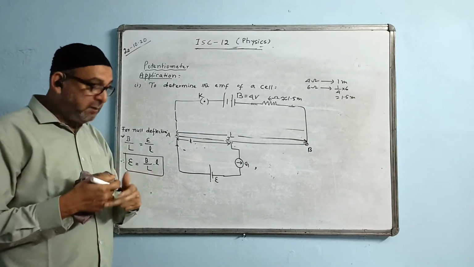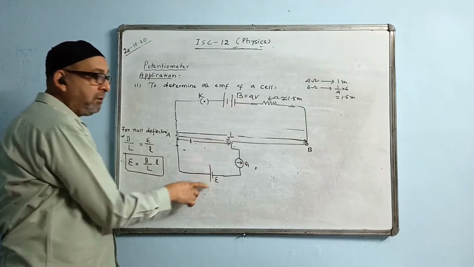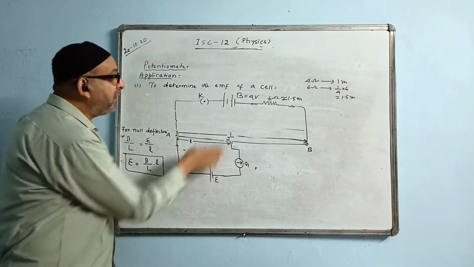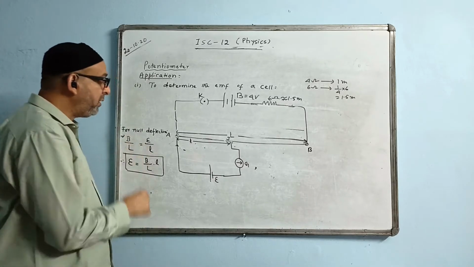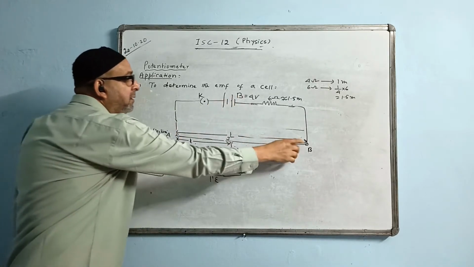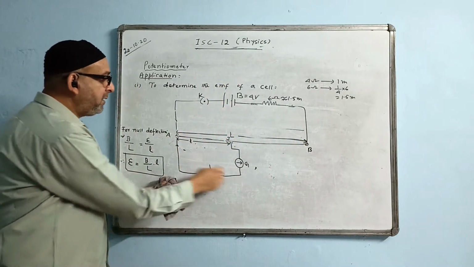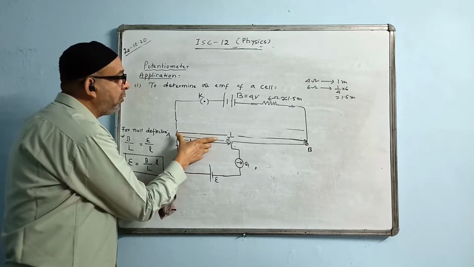In every circuit, make sure that this value B is more than this one. You should not use a cell whose EMF is greater than the EMF of the driver cell. Why? The reason is that V is proportional to the length. The greater length is this one, so this B should be greater. This is correct because we are balancing a length on this wire that is shorter than the entire length.